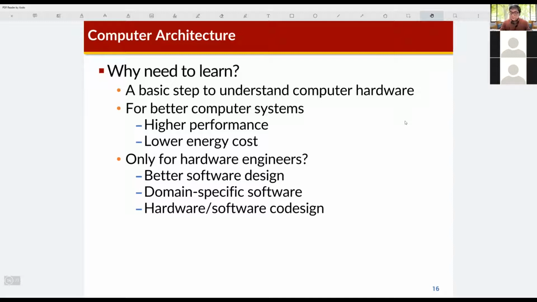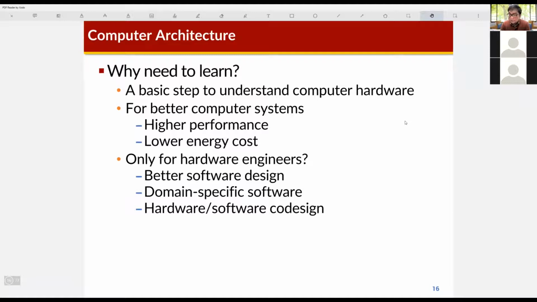This GPU has specific hardware components and its own software execution model. So you need to understand how the software is executed on the GPU hardware, and also how the software is mapped to the hardware of the GPU.